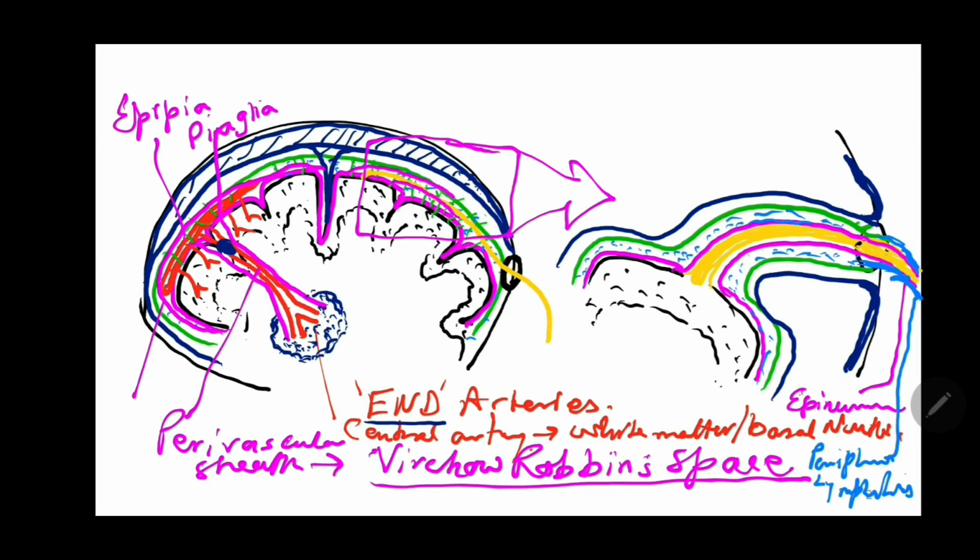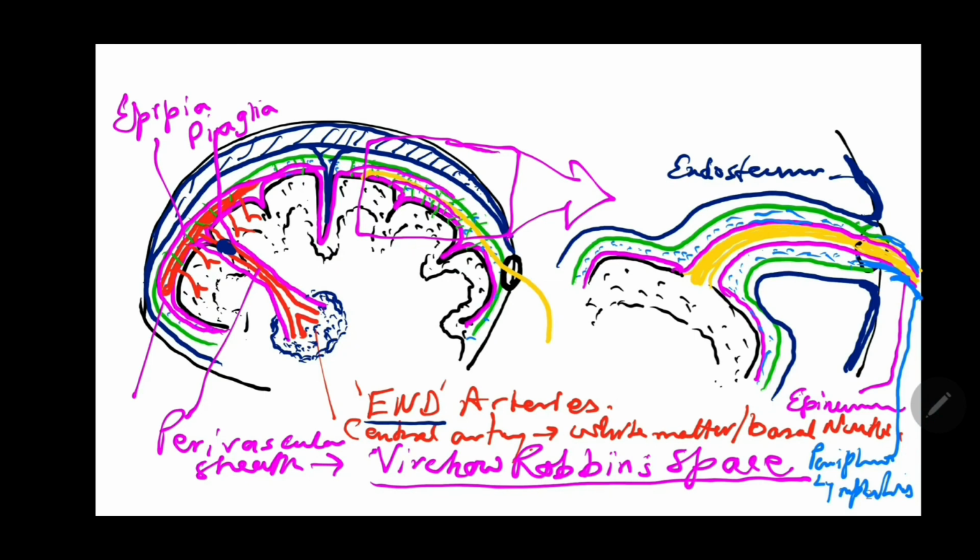Dura mater has two layers. One is an endosteal layer, another is the meningeal layer, where you have dural venous sinuses. Otherwise, it's a single layer. So this dura mater will merge with the endosteum, not endoneurium, sorry.